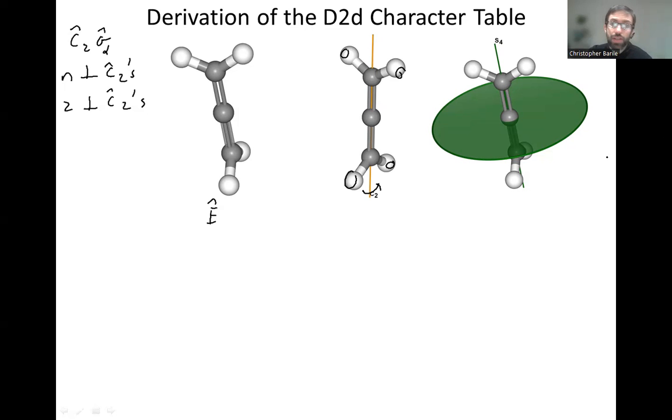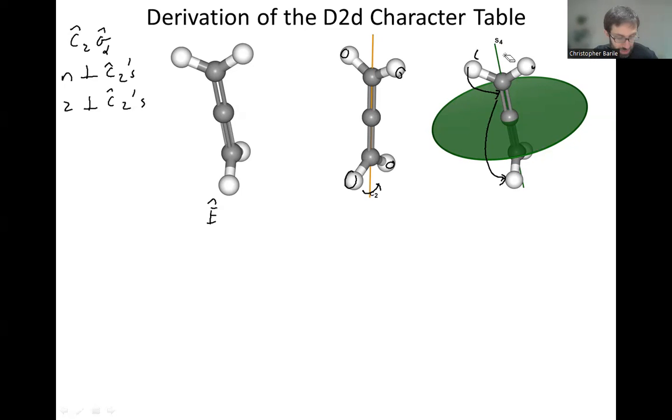It's improper because it only exists followed by a mirror plane, but it has a higher n than the C2, although it's still coincident with the z-axis, what we're defining as the z-axis, our principal rotation axis. You can see what happens here is this hydrogen's moved in front, and then it's flipped down through the mirror plane to go there.